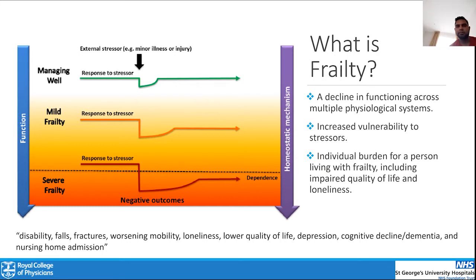So in the graph on the bottom line, you can see patients actually dipping from independence to dependence. And on the bottom of the slide, we have a list of terms that staff and members of the health service usually associate with the word frailty.